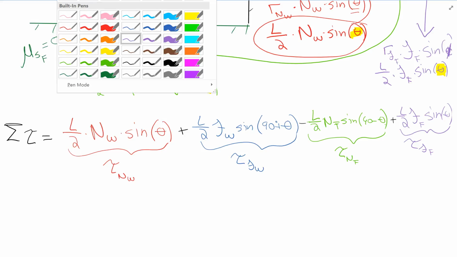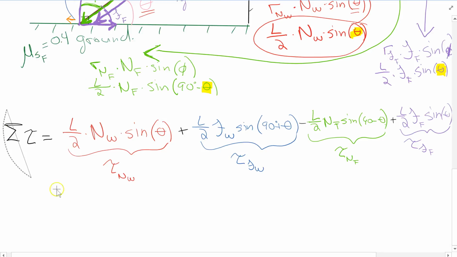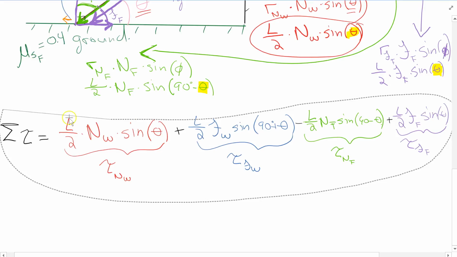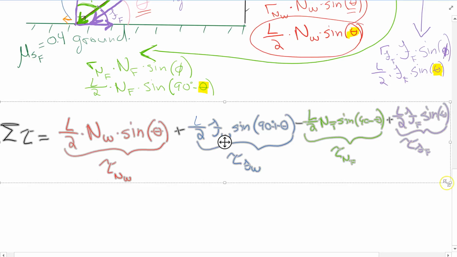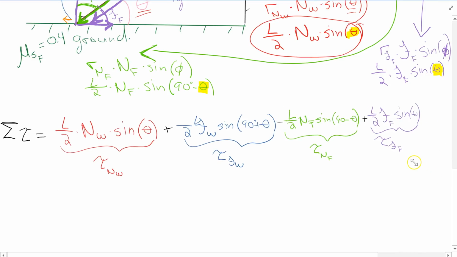I know that I've got it really scrunched up together, so let me make this a little bit smaller so that I can fit in my last little bit of the equation, equals 0. Oh, I ended up losing an L. Here we go, L over 2.